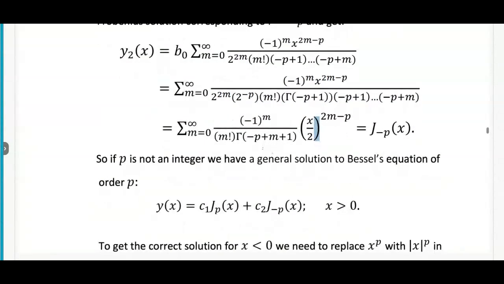In the end, we get (-1) raised to m, over m factorial times gamma of 1 minus p plus m, and the same thing for x divided by 2 raised to 2m minus p, before the 2m plus p. We see the positive p becomes a negative p. So we denote this J with subscript negative p of x.